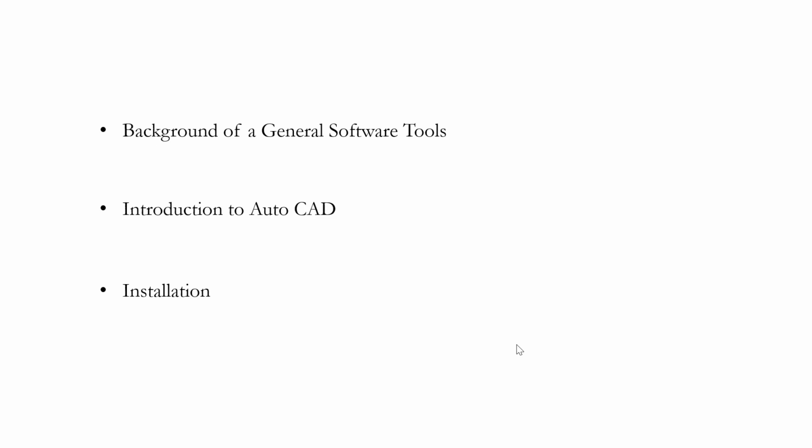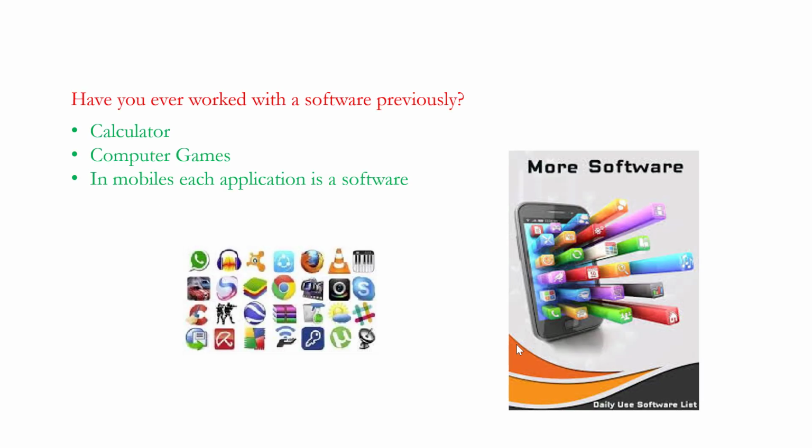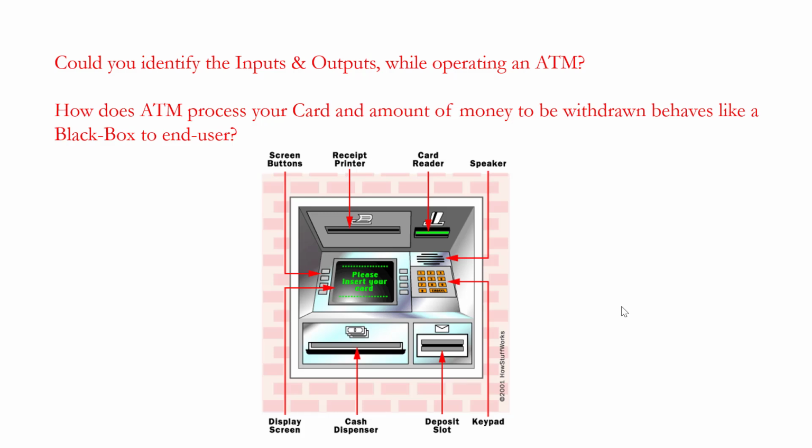So AutoCAD is a software, and you might have used general software tools such as computer games, applications like WhatsApp, and so many applications in your mobile cell phones. Also you might have done some kind of transactions with an ATM machine. So for example, how do you interact with these softwares?